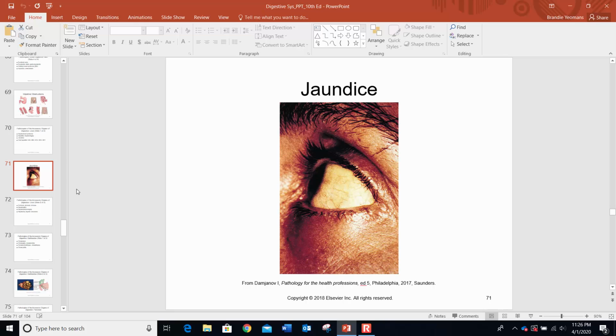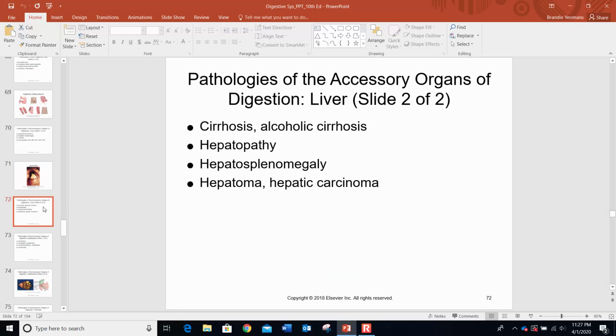This is a good picture of a patient's eye that shows you when they have this condition called jaundice, that it causes the whites of their eyes to turn yellow. And remember, we're going to see jaundice with patients that have cirrhosis. Sometimes patients can have cirrhosis of the liver that's caused by alcohol, but that's not the only reason that you will see cirrhosis of the liver.